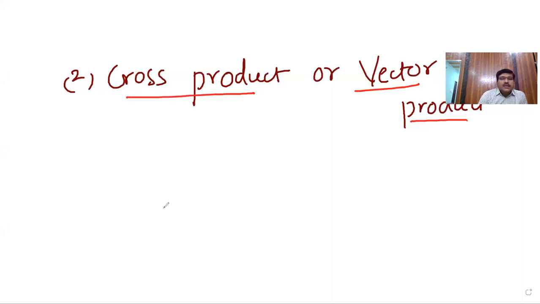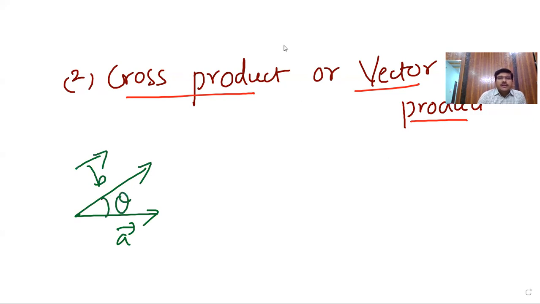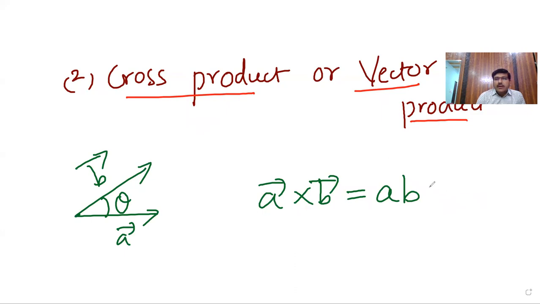If two vectors are given, a bar and b bar, and the angle between them theta is given, then the cross product a bar cross b bar is nothing but magnitude of a bar into magnitude of b bar into sine theta, where theta is the angle between these two, and a unit vector.